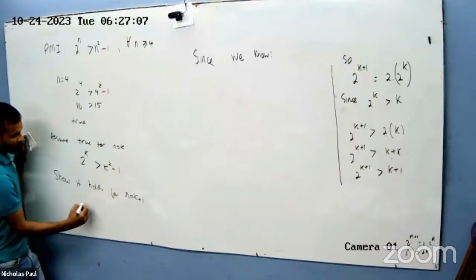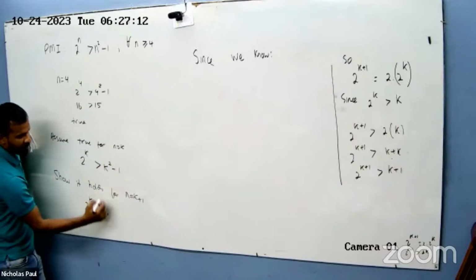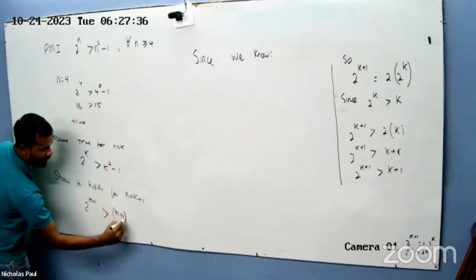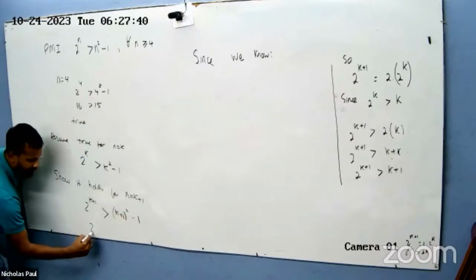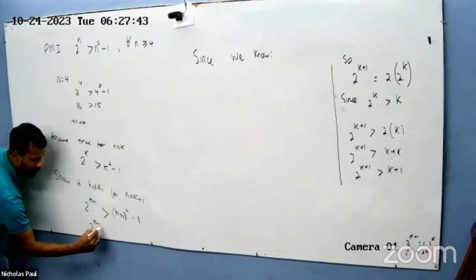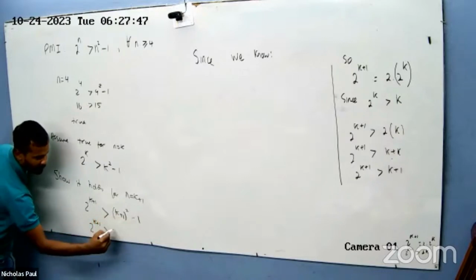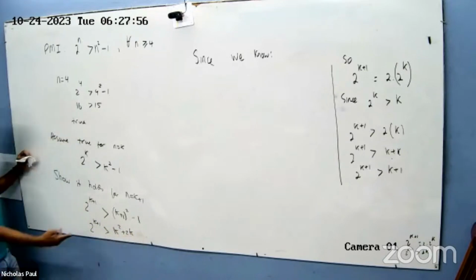And n plus 1 will be 2 to the k plus 1 is more than k plus 1 squared minus 1. When you expand this out, you get k squared plus 2k plus 1 minus 1. Just cancel out. So you're trying to prove that.